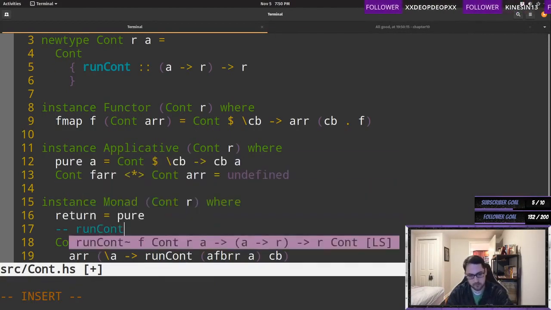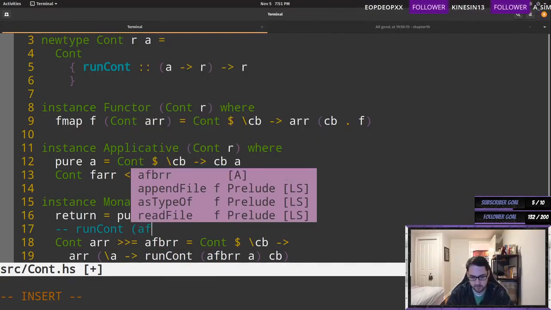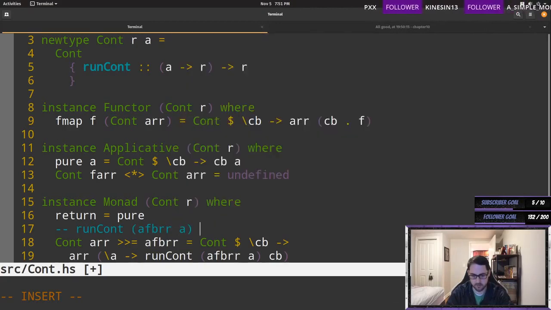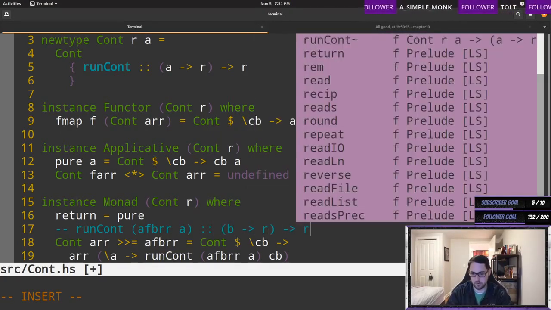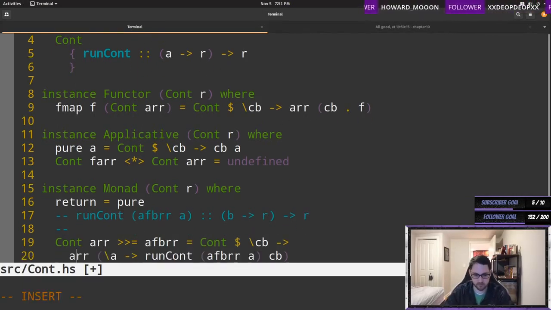So run continuation A F B R R A is gonna have type B to R to R. Oh, that seems such a strange thing to do.